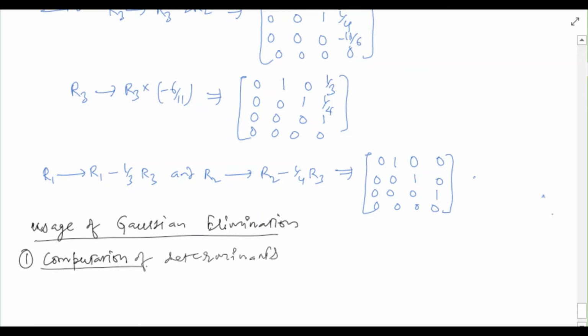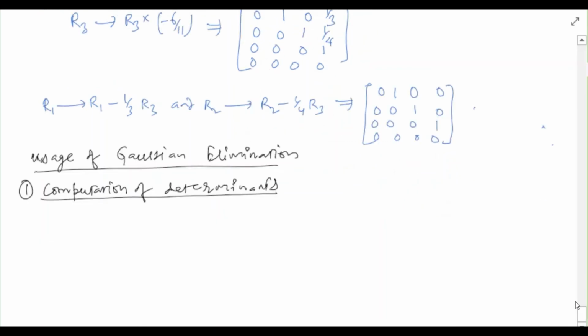We have already seen how elementary row operations affect the determinant of matrices. We can now adopt the following procedure to compute determinant of any matrix. Given a matrix A, say of order n cross n, we can reduce A to reduced row echelon form.